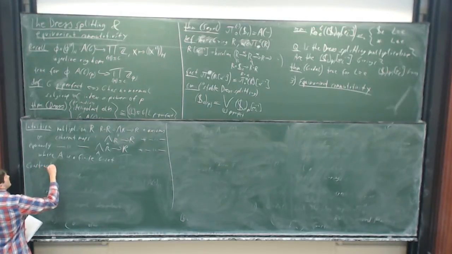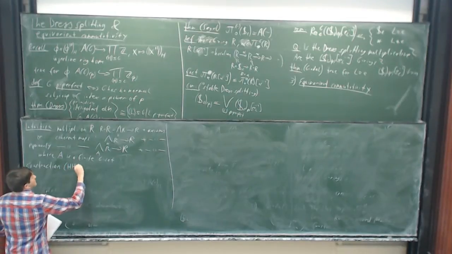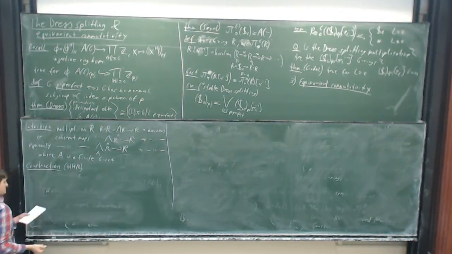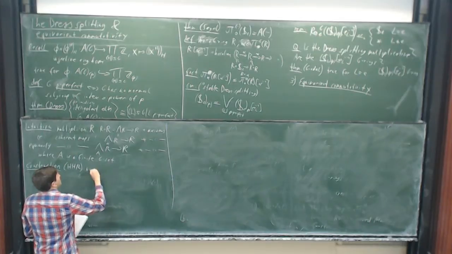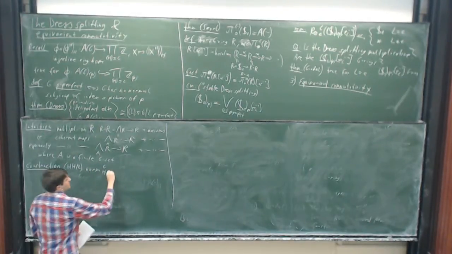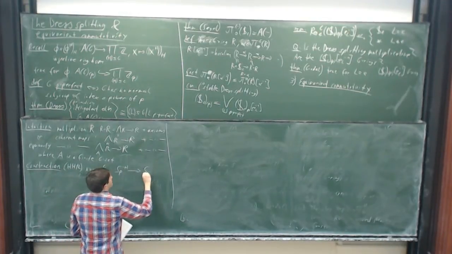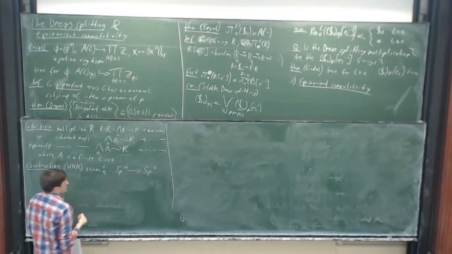Let's get a bit more precise. Here's a construction due to, I guess, Hill-Hopkins and Ravenel, which is called the norm on spectra. It should be a construction that has as input an H-equivariant spectrum and gives us a G-equivariant spectrum.